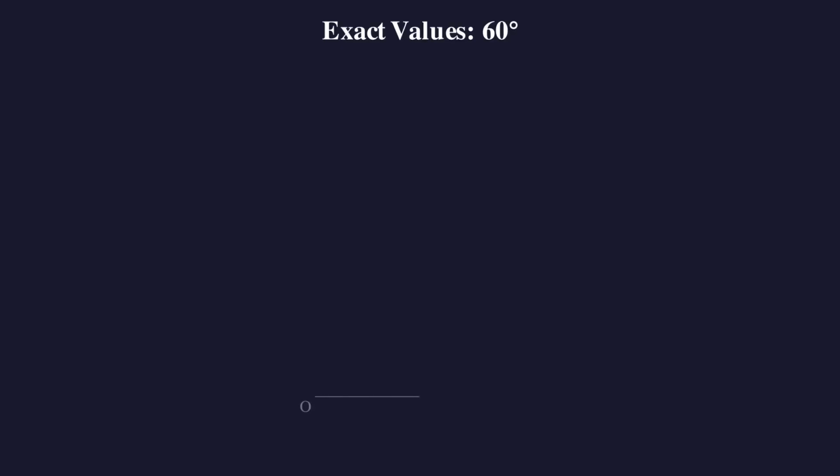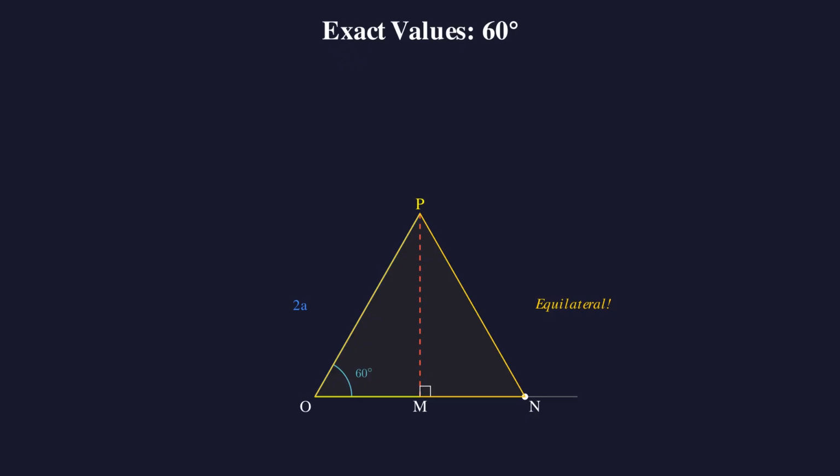Let's compute exact trig ratios for 60 degrees. No calculator. Start with a line OP of length 2a, making a 60-degree angle. Drop the perpendicular PM. Now here's the clever trick. Take a point N on the other side of M so that MN equals OM.